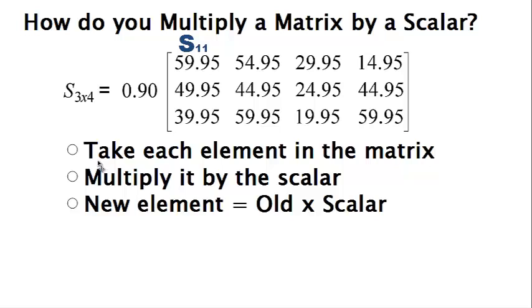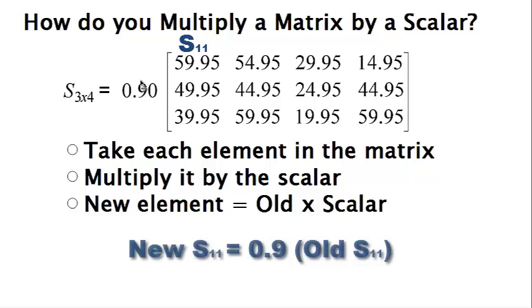So here then is the process. First of all, take each element in the matrix and multiply it by the scalar. So here's S11, the first row, first column item. The new element that we're going to get is going to be the old element times the scalar, so 0.9 times the old element.